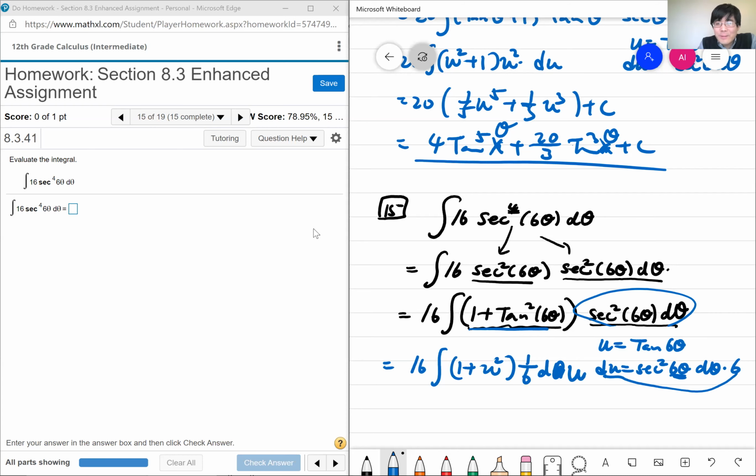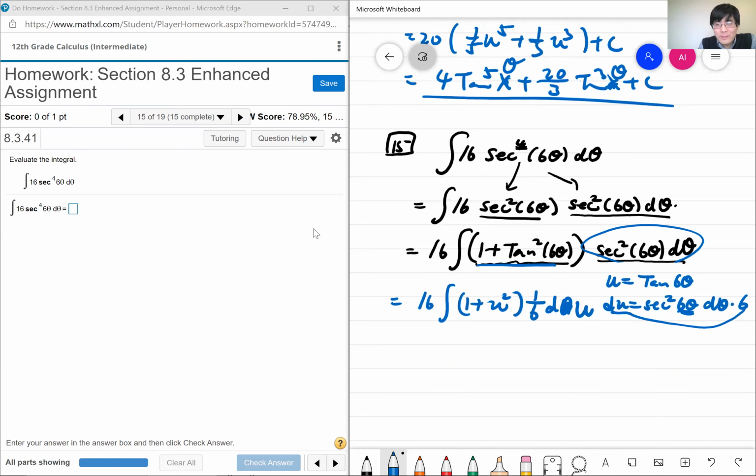So integrate each piece. Let's put 6 outside. Integrate this one, you want to get u plus u cube over 3 plus c.